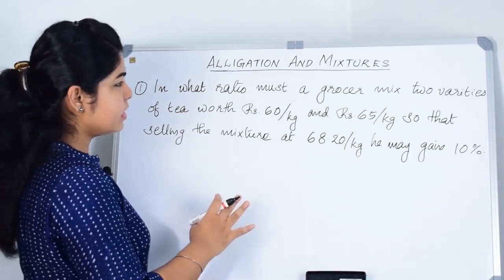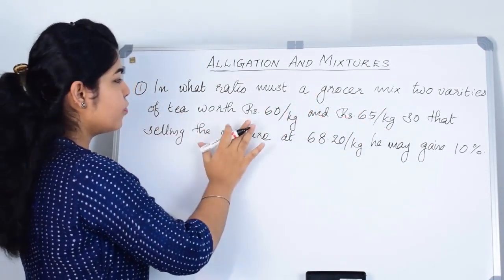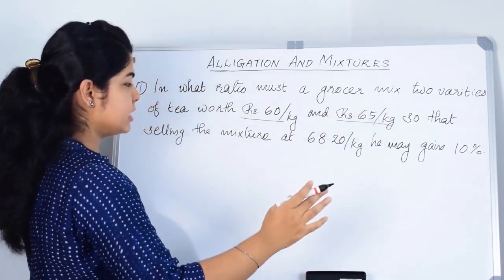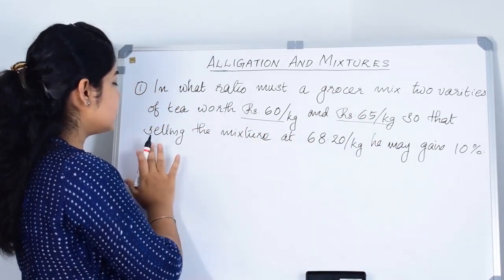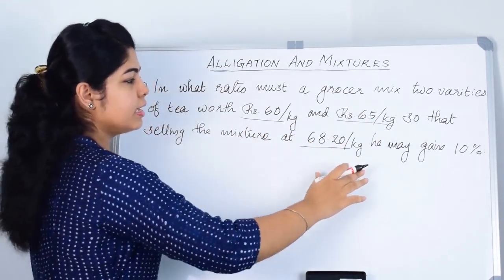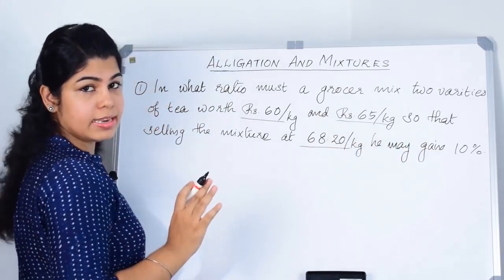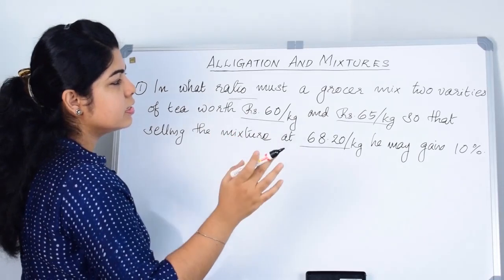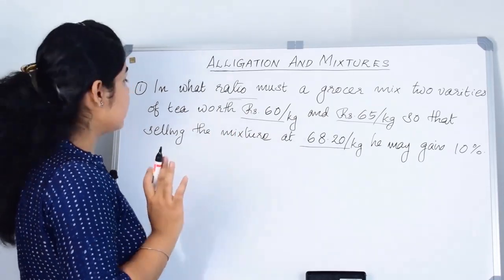Here it is given that there are two varieties of tea, one worth rupees 60 per kg and another worth rupees 65 per kg, and the grocer is selling the mixture at 68.20 per kg and thereby he gained 10%. And it is asked to find the ratio in which the grocer mixes both varieties of tea.